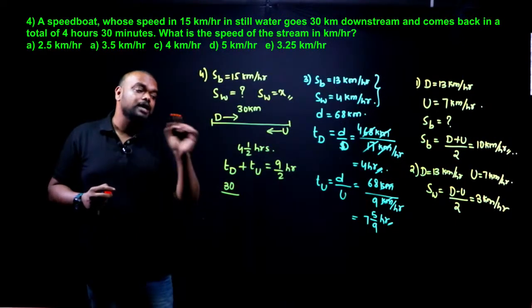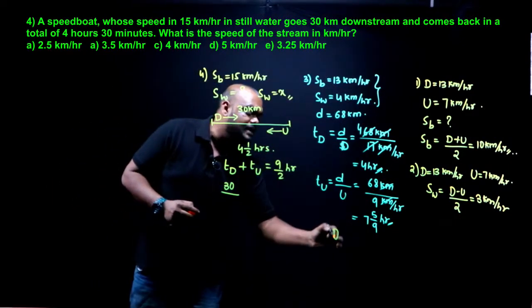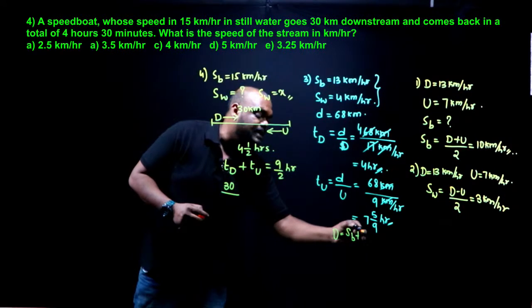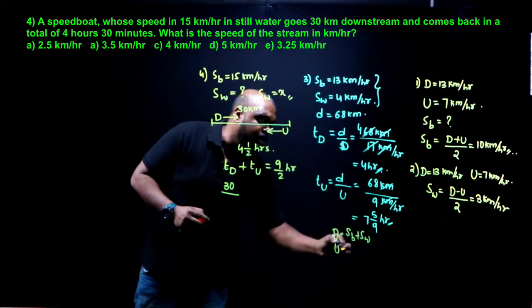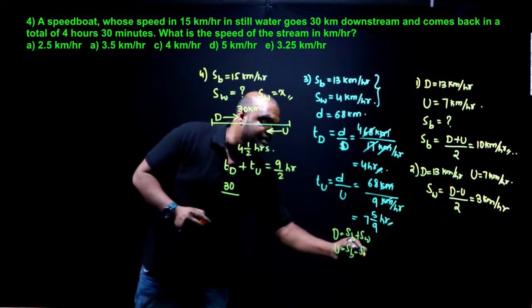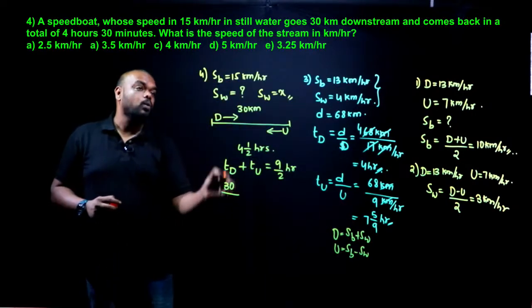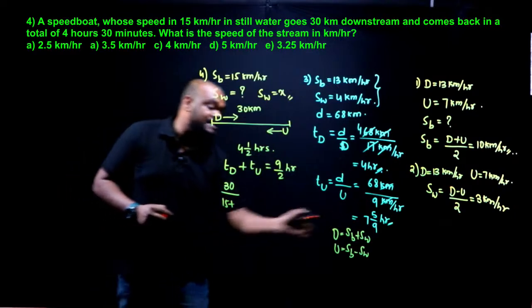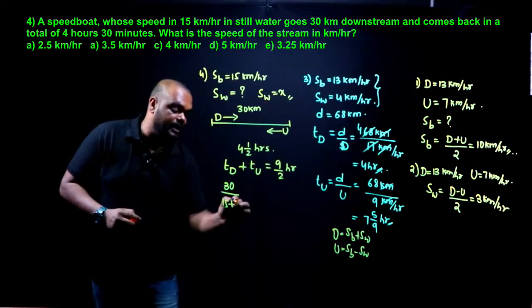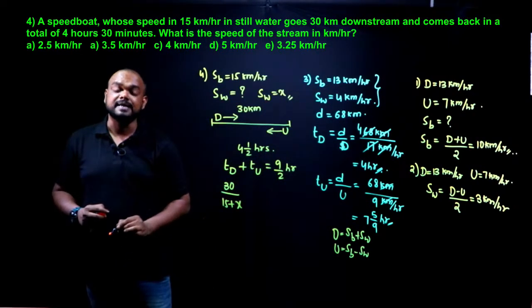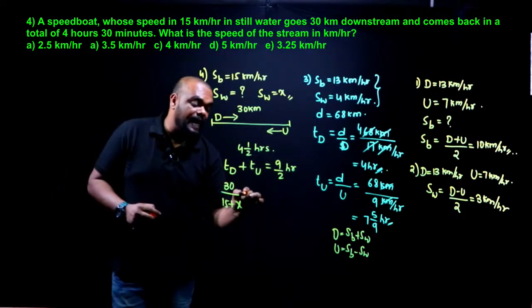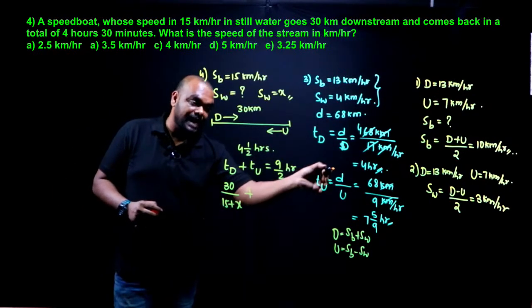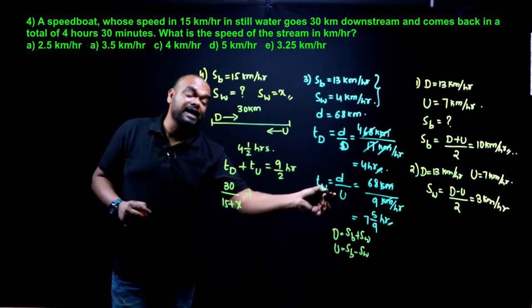No. We know that downstream speed is SB plus SW and upstream speed is SB minus SW. SB is given as 15 km, plus SW, which we do not know. Let us consider it as x, plus the time taken during upstream, which is again distance divided by upstream speed.